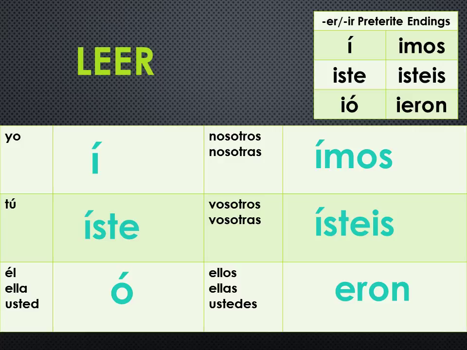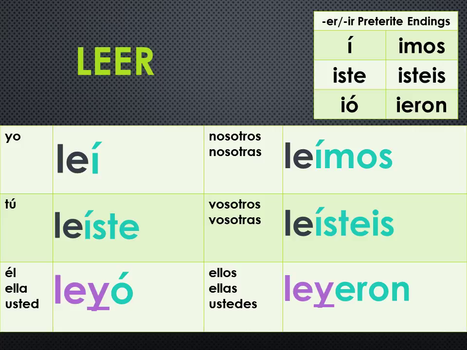Okay, all of the I's have accent marks. All right, so in the yo, tú, nosotros, vosotros forms, we just have a normal verb conjugation. Okay, so it's leí, leíste, leímos, leísteis.